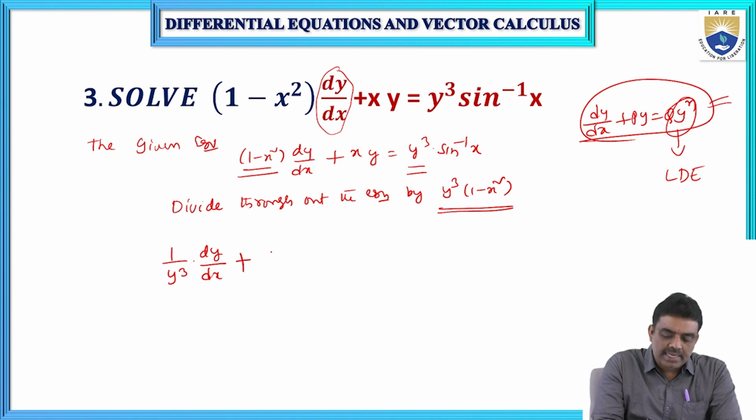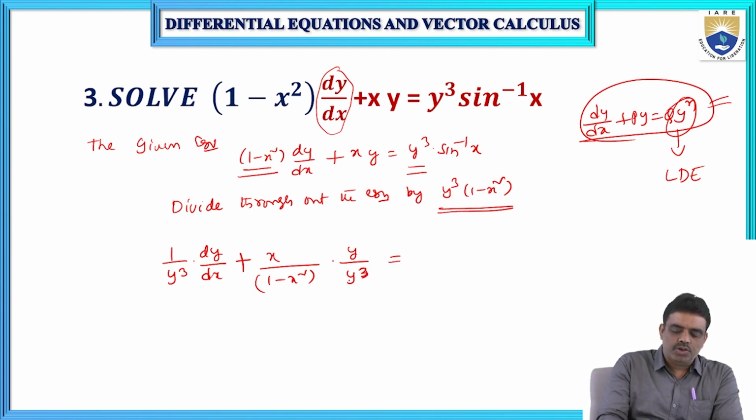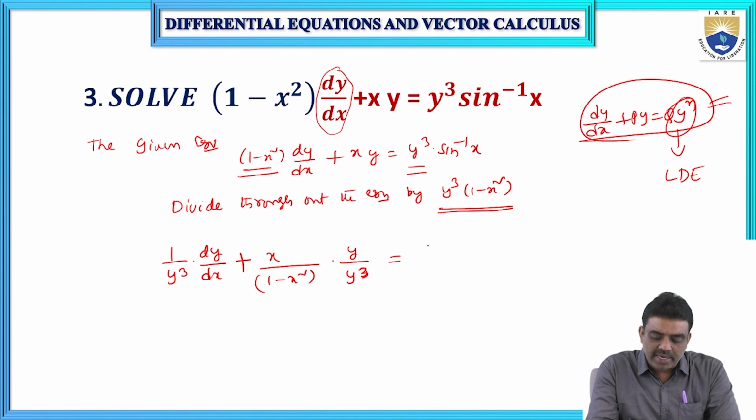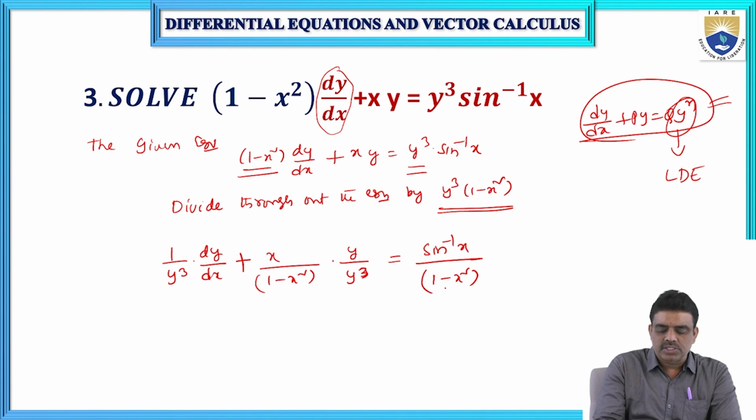Second term, x by 1 minus x square into y by y cube. Second term, divided by y cube into 1 minus x square, that I have done here. And here y cube is eliminated: sine inverse x by 1 minus x square.